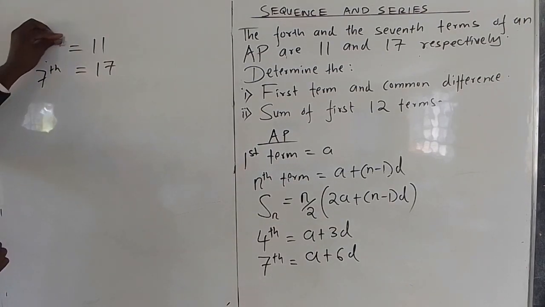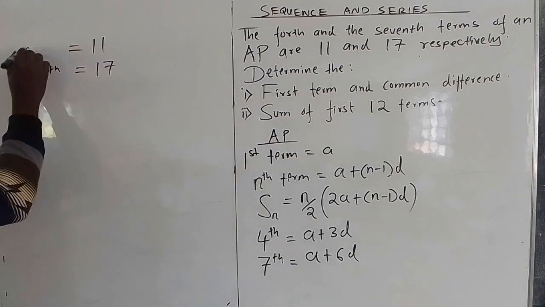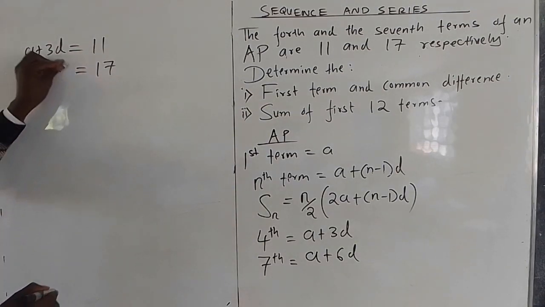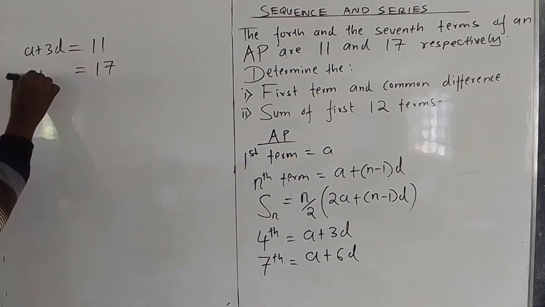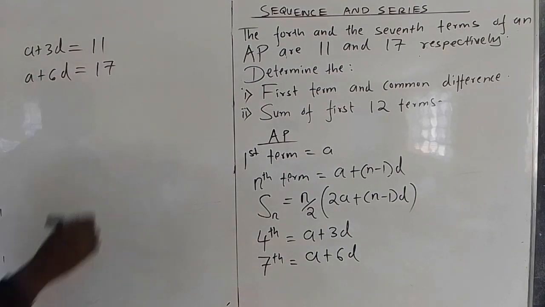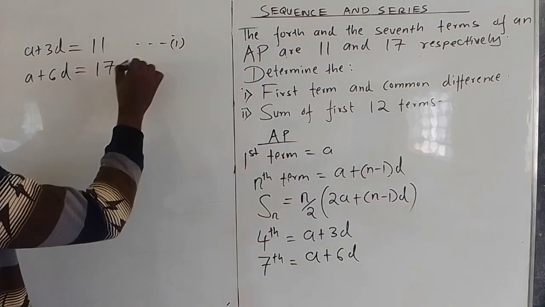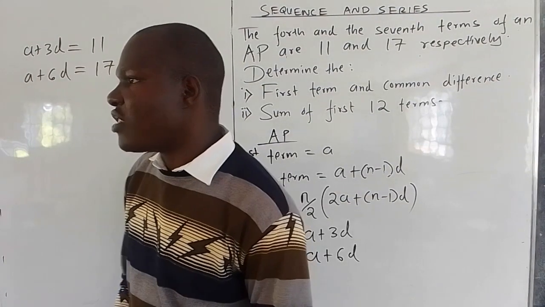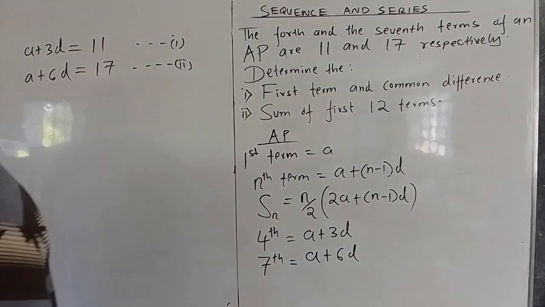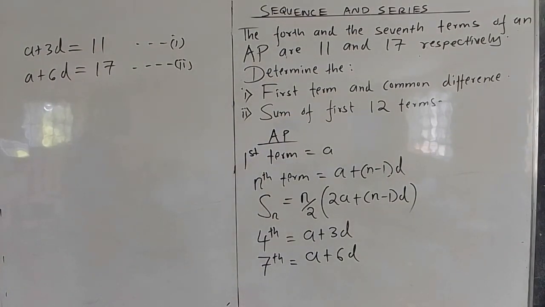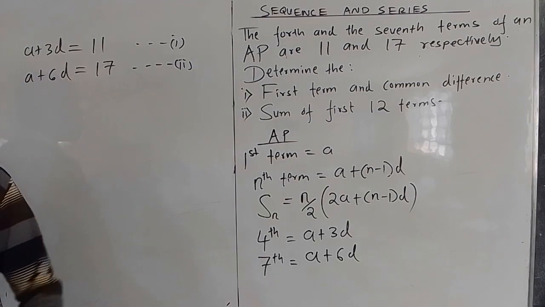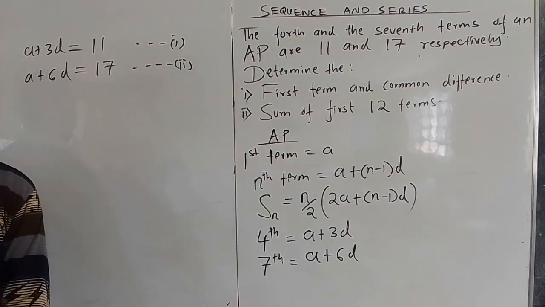Then you substitute the fourth term you found, A plus 3D, and the seventh term, A plus 6D, meaning you will have formed simultaneous equations. You can solve them either by substitution or elimination, and you should be able to get the values of A and D, and you would have solved the first part of that problem, isn't it?